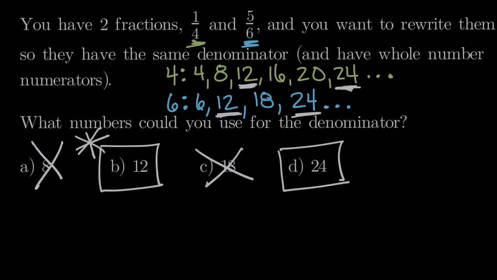And it makes a lot of sense because it's easier to do computation with smaller numbers, but you don't absolutely have to use the smallest one. You could use 12ths or 24ths or lots of other options. But again, 12ths is probably the simplest one to work with just because generally it's easier to work with smaller numbers. But for this question, the common denominators we can use from these choices for fourths and sixths are 12 and 24.